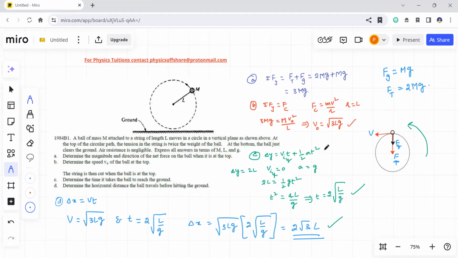So free fall acceleration is acceleration due to gravity g. How much distance does it have to travel vertically? 2 times the radius, which is 2L. Therefore, delta y is equal to 2L. Substituting these values, you will get the t value. Once you calculate t, v is already calculated. Therefore, you can easily calculate delta x.